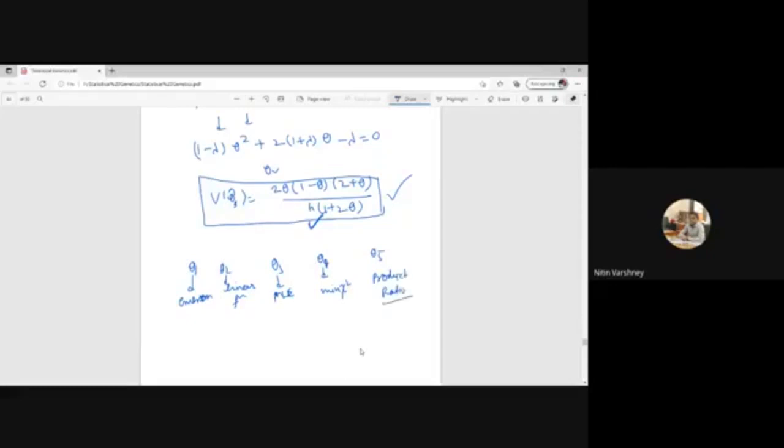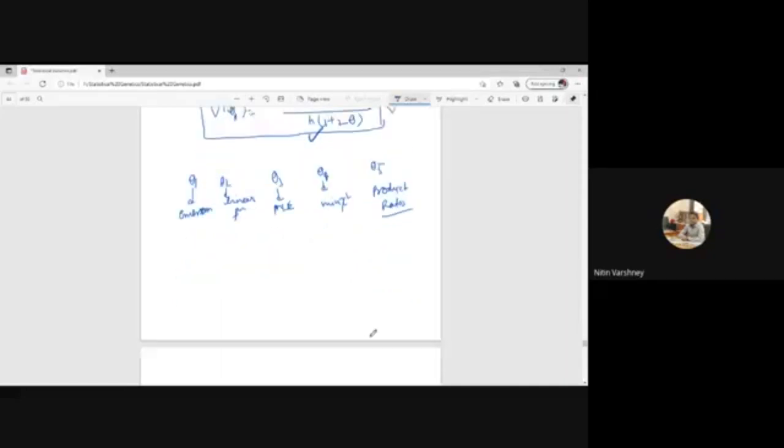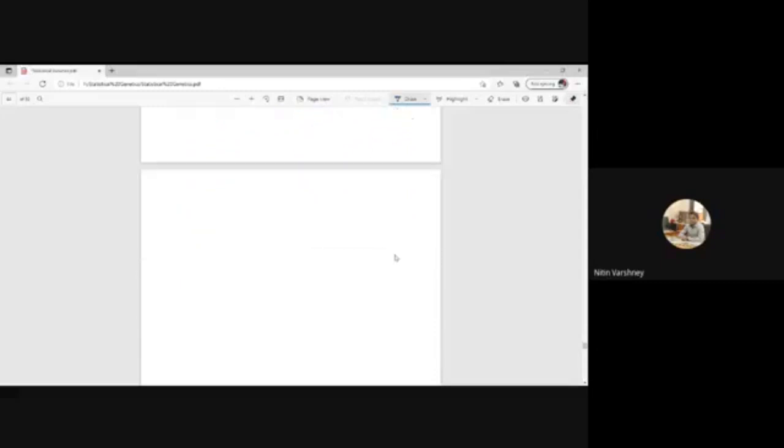Now we will compare the efficiencies of all 5 methods. This is very important, so listen carefully. Just let me draw a graph.